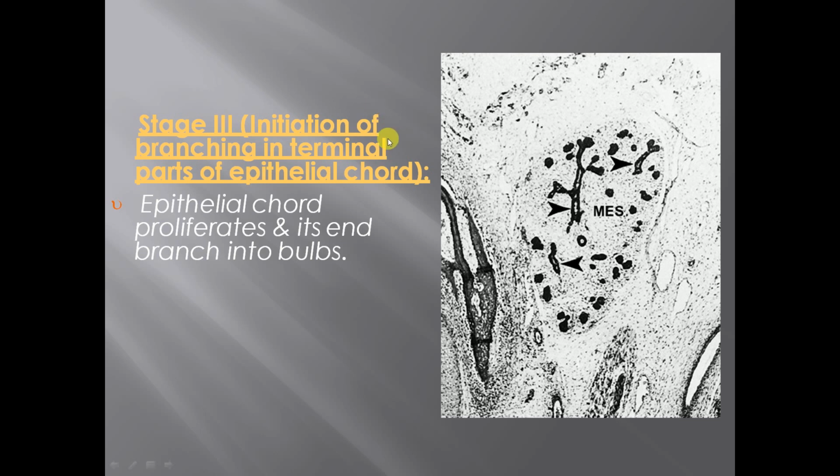Coming on to the third stage, that is the initiation of the branching in the terminal parts of the epithelial cords. In the third stage, there is the branching of the cords into the bulbs. The epithelial cord proliferates and its end branches into the bulb.